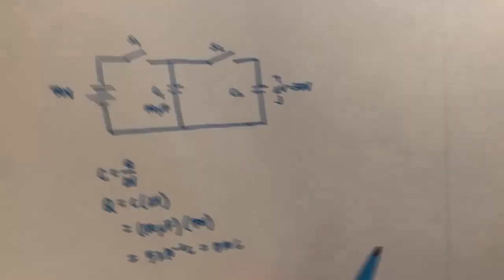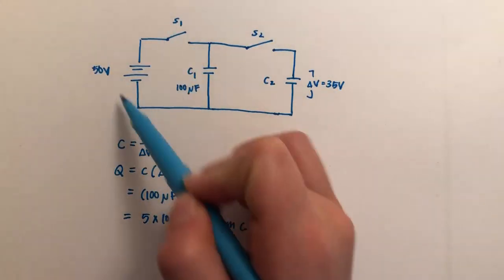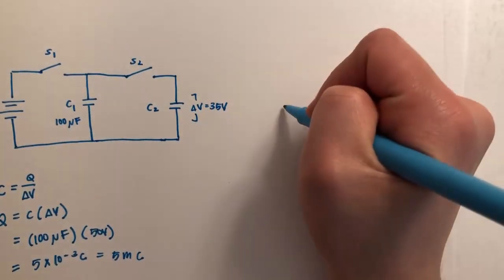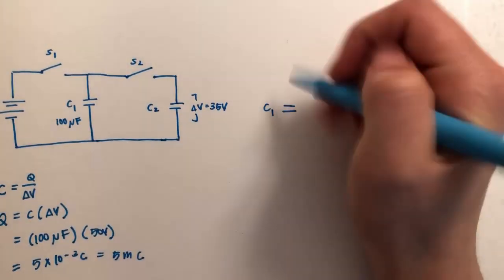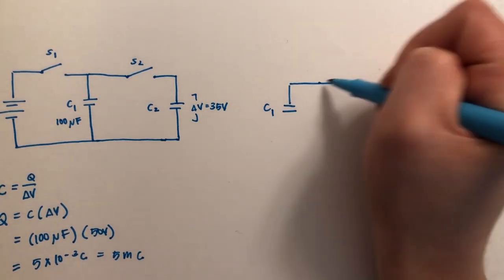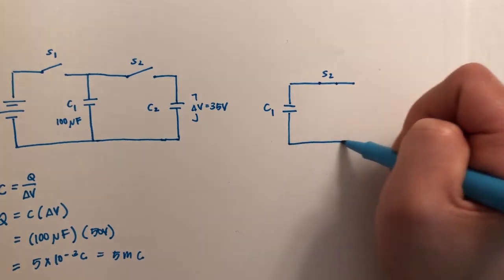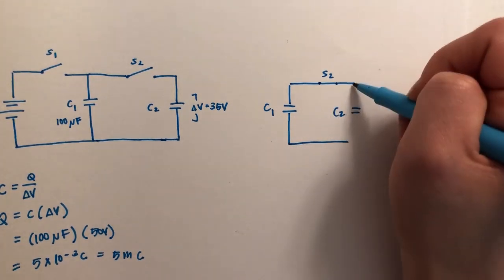So essentially, we can disregard this entire part of the circuit over here, and the circuit just becomes capacitor 1, this closed switch here, which closes the circuit, and capacitor 2 over here.